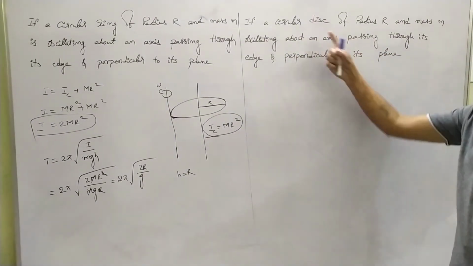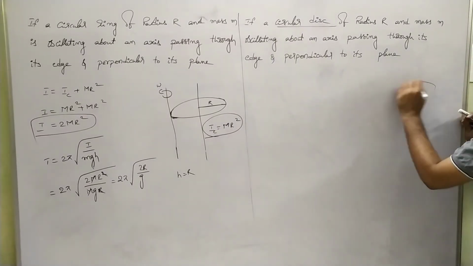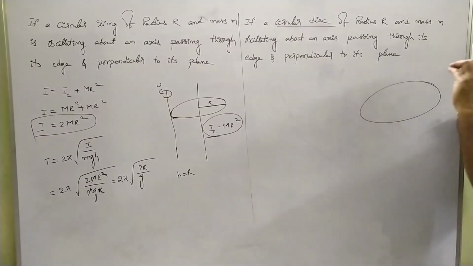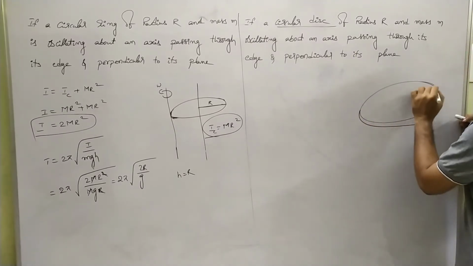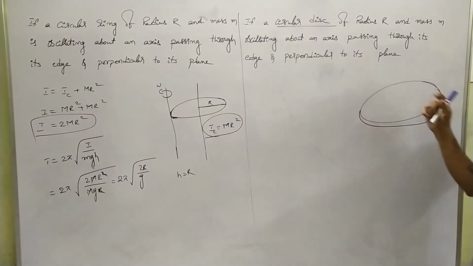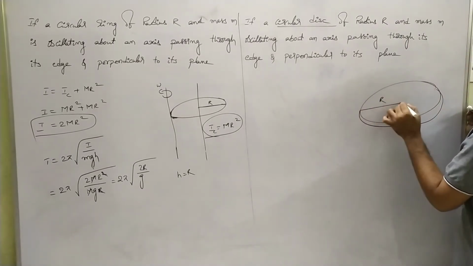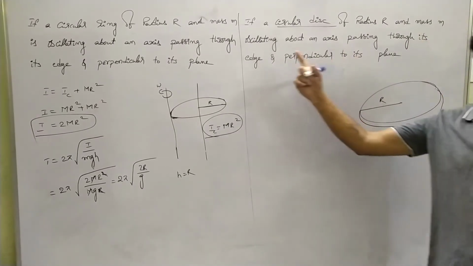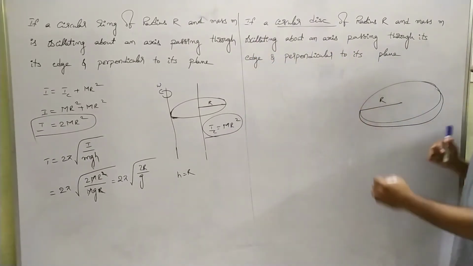Now observe the second case. Here we consider a circular disc, of radius r and mass m, oscillating about an axis passing through its edge.